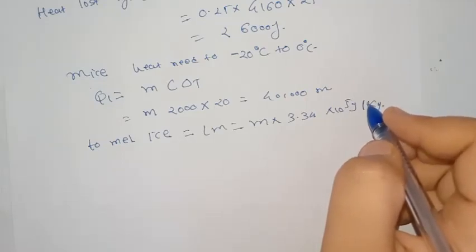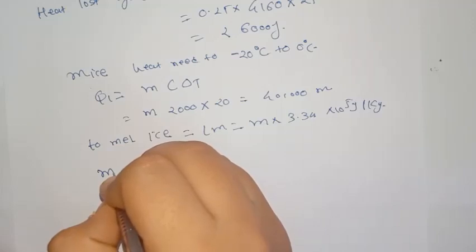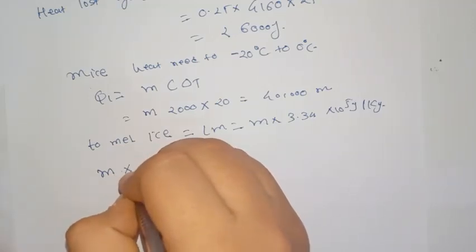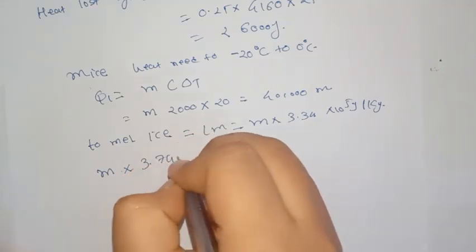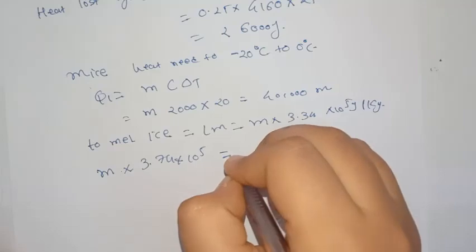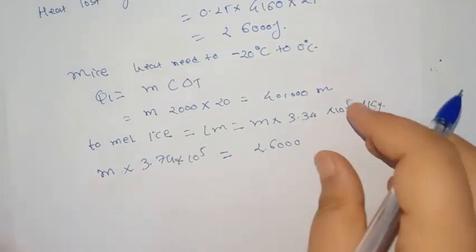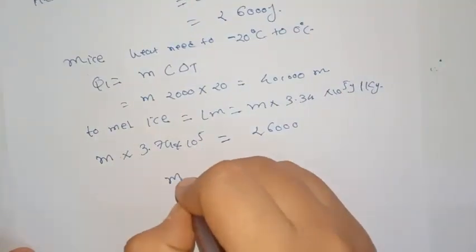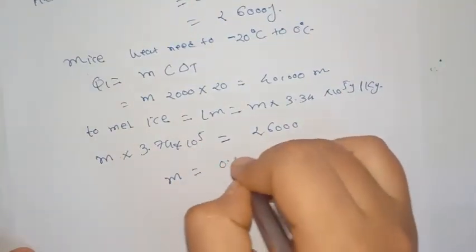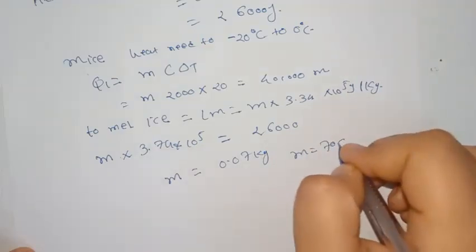So the energy gained by ice will be equal to M into 3.74 into 10 power 5, and that should be equal to the heat lost, 26,000. So M will be equal to 0.07 kg, so M will be equal to 70 gram.